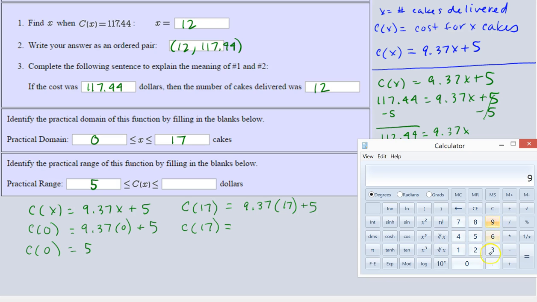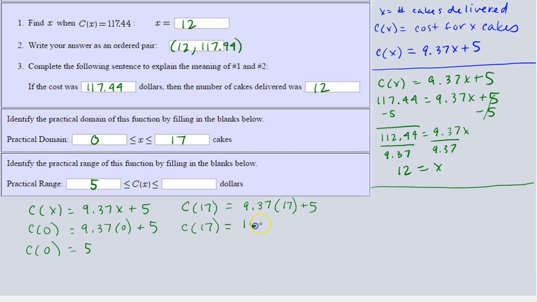So we'd have 9.37 times 17 cakes plus 5. So the maximum cost would be $164.29. And let's put that in our practical range.